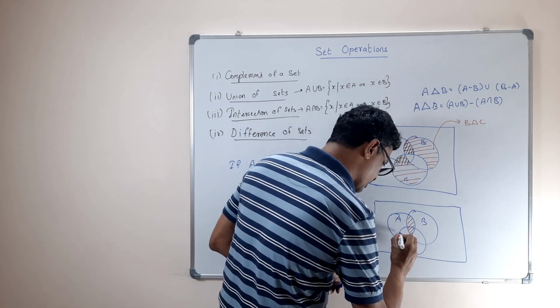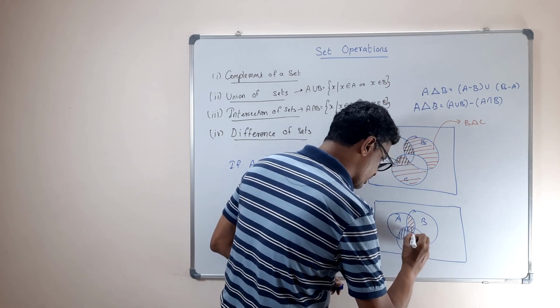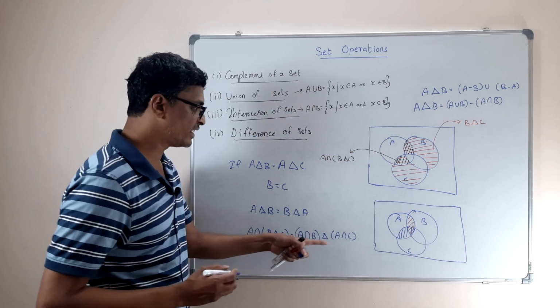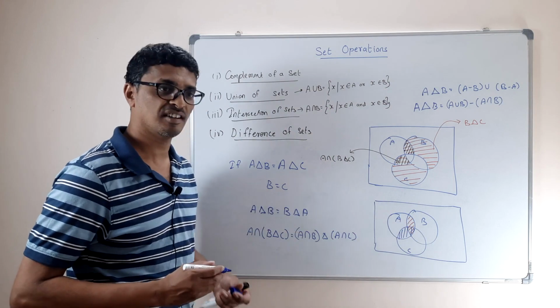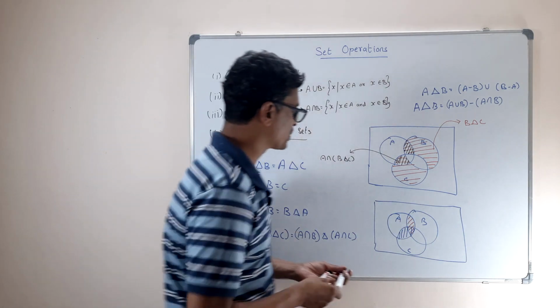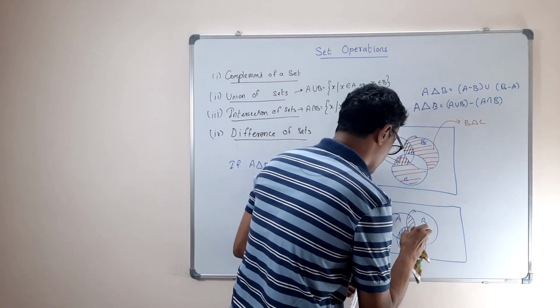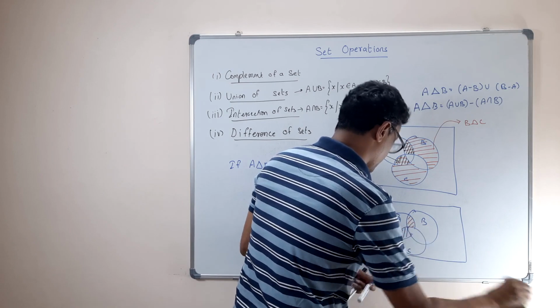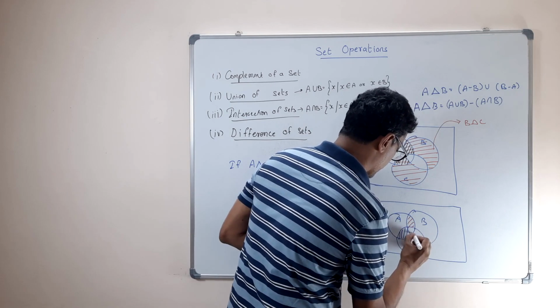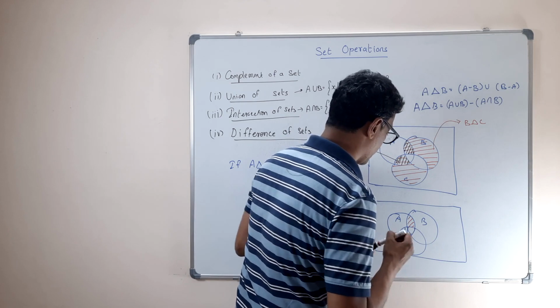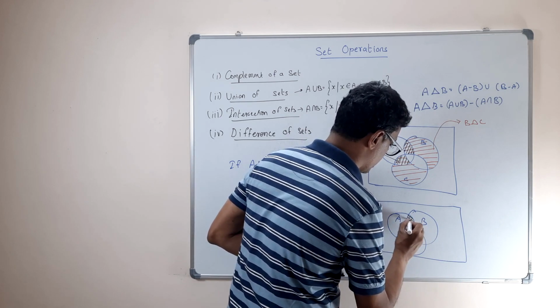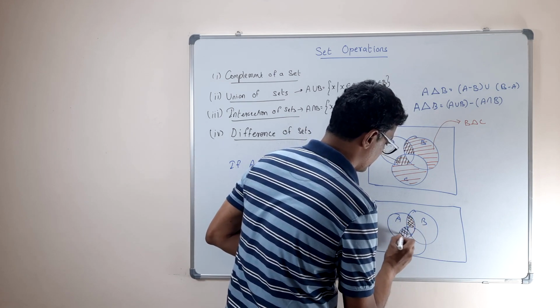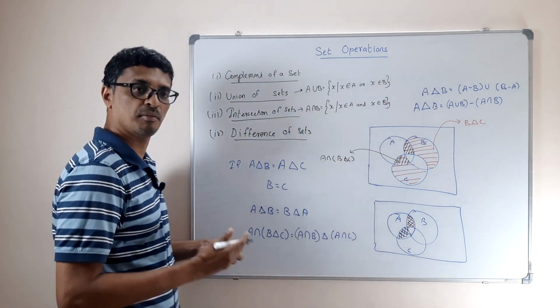This portion. Okay. And the symmetric difference between these two. Center portion, that's it. So this won't be there. And what we'll be having is this one here. Am I right? They both are same, hence proved.